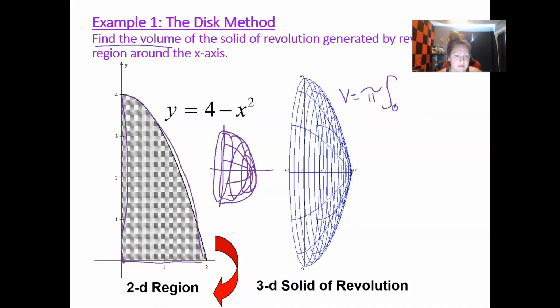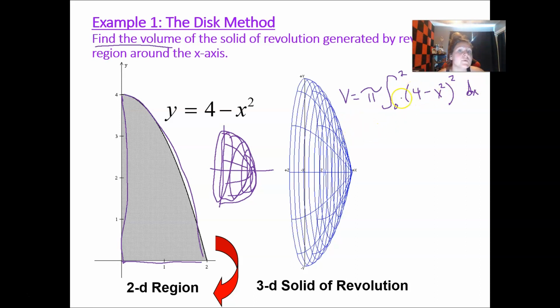My a is 0 and my b is 2 of my function 4 minus x squared with respect to x. Your area function, if you had this on your worksheet, would have just been the integral from 0 to 2 of 4 minus x squared with respect to x. But now since we're doing the volume, we multiply by this pi and square the function to give the areas of the circles within it.